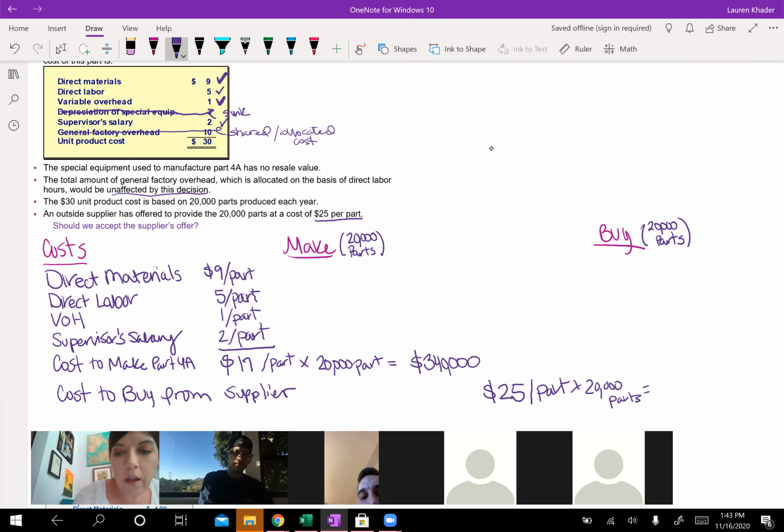And at this point, just by looking at the unit cost, it's going to be more beneficial to do what? Make it in-house, because it costs us $8 less per unit to make. Total cost to buy was $500,000.